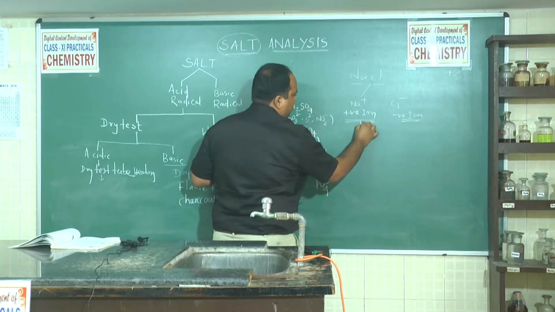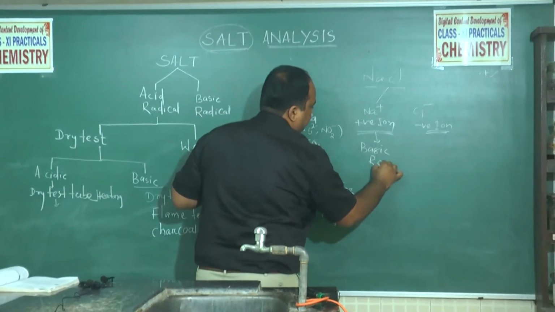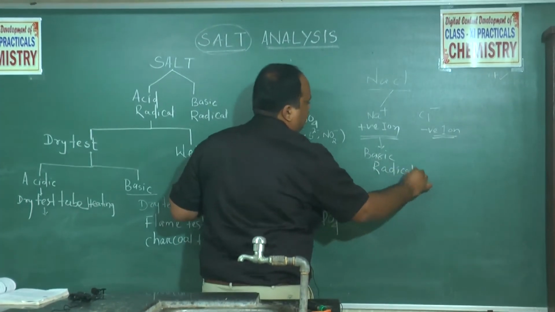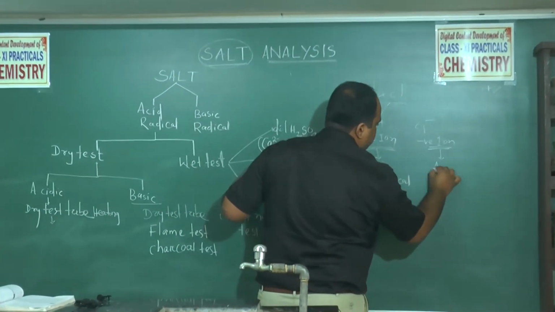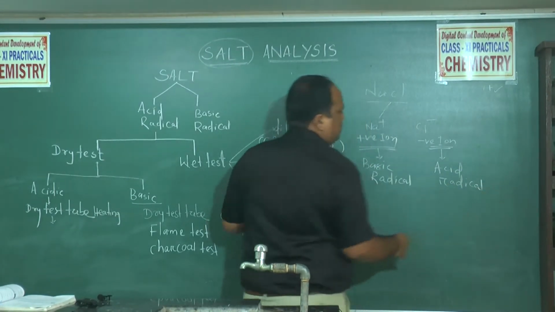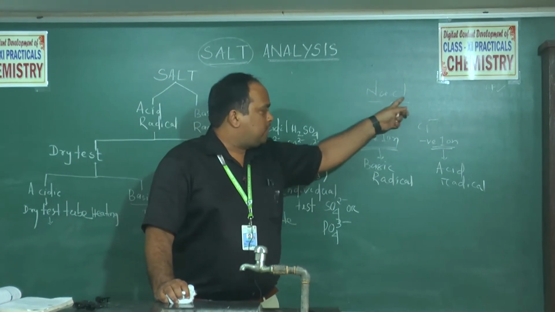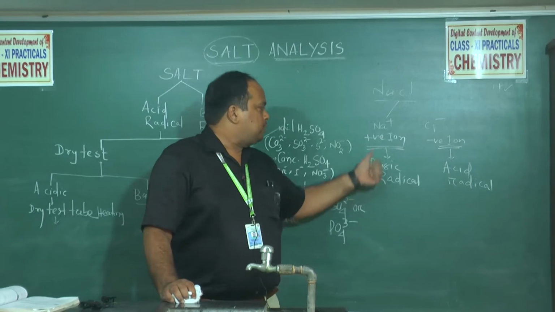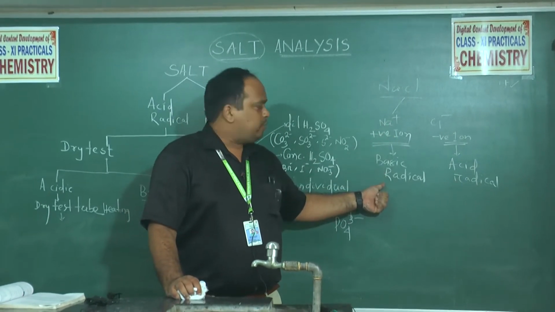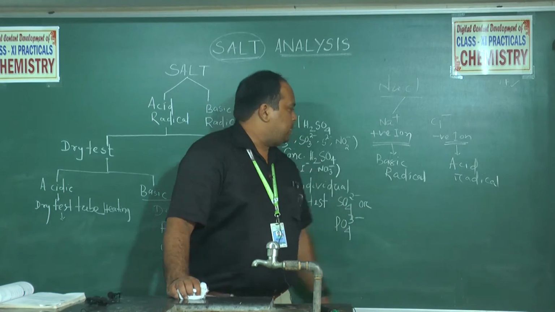The positive ion is normally called the basic radical. The negative ion is called the acid radical.